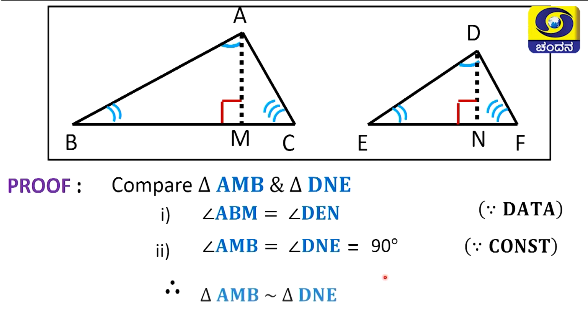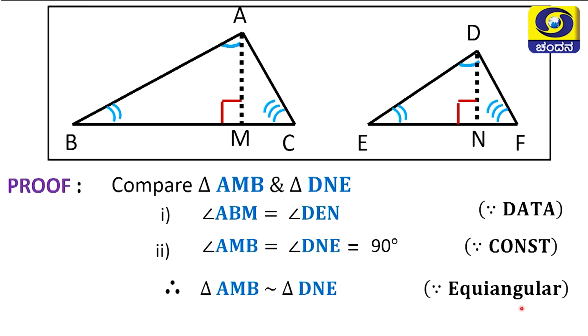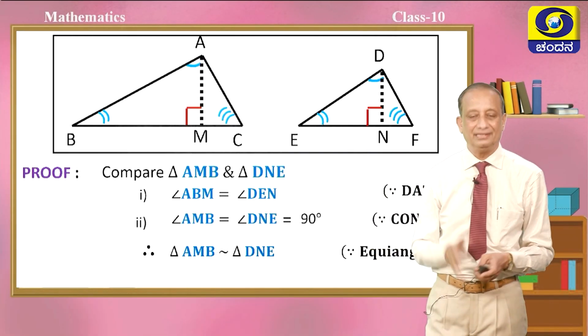Therefore we can say the right angle triangle AMB is similar to right angle triangle DNE because they are equiangular. So right angle triangles AMB and DNE are both similar, which means that they have the same shape, but the areas are different.